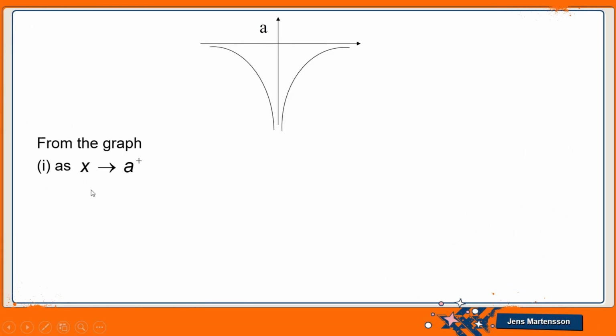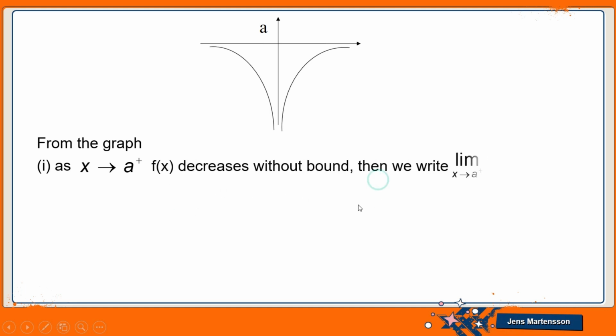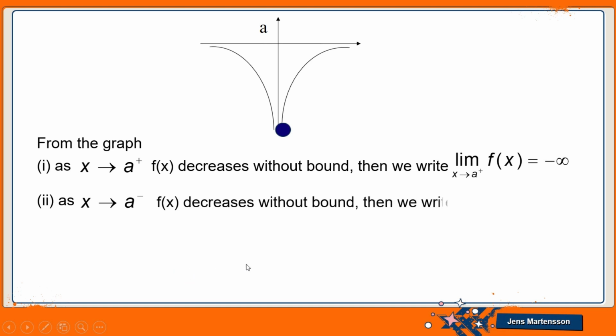From the graph, as x approaches a from the right, f(x) decreases without bound. Then we write limit f(x) when x approaches a from the right equal to negative infinity. Number 2, as x approaches a from the left, f(x) decreases without bound.